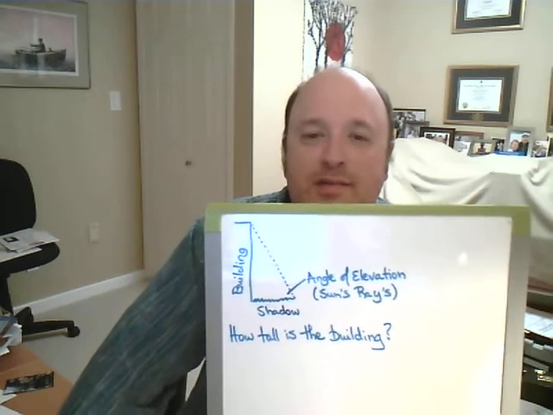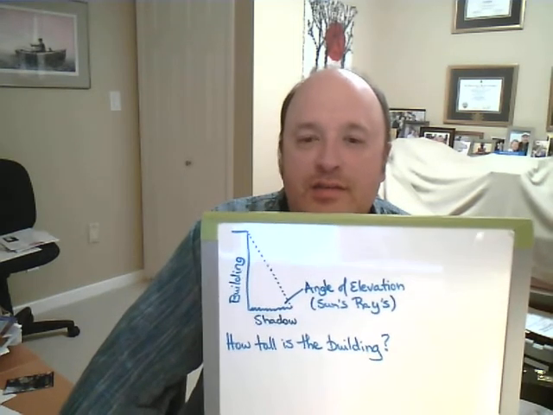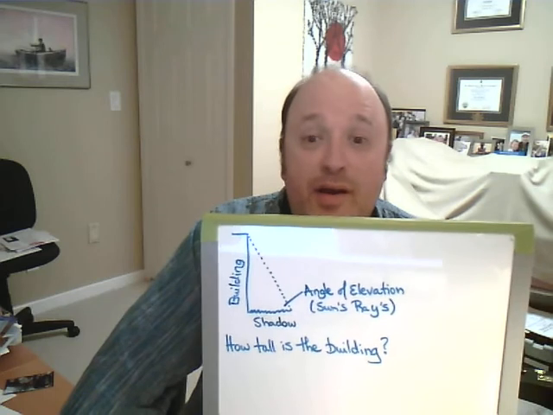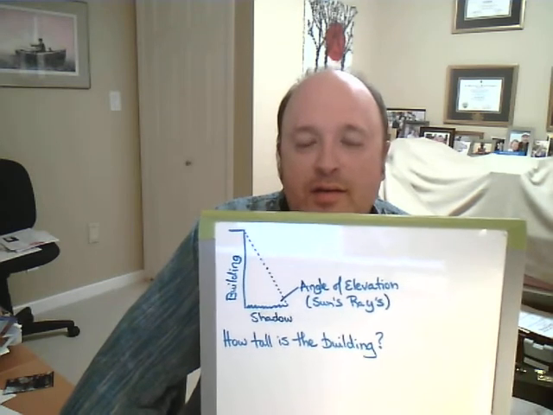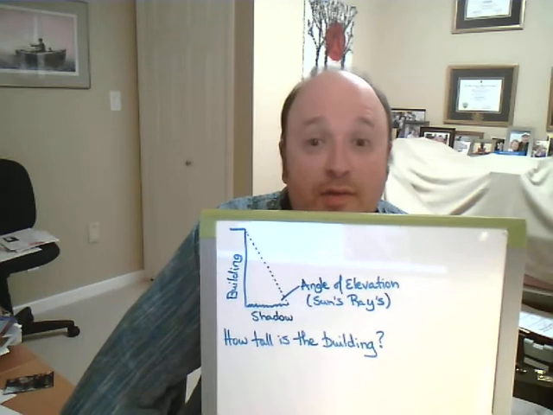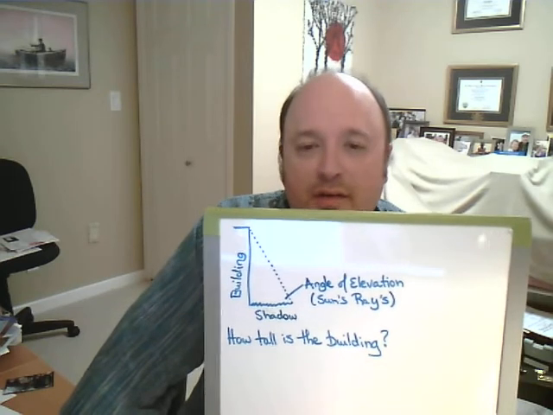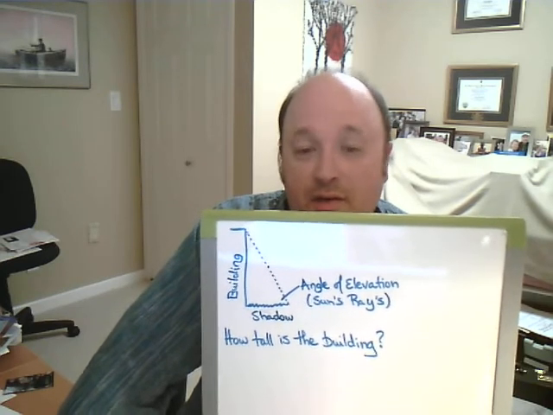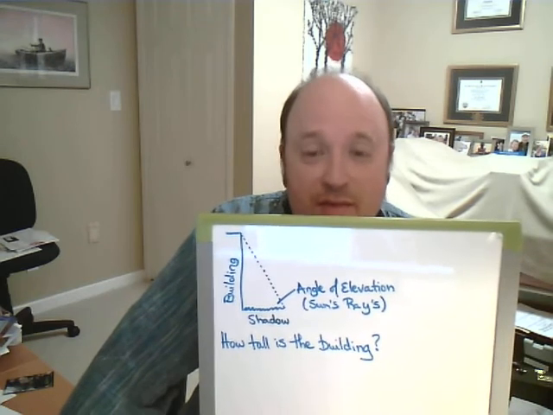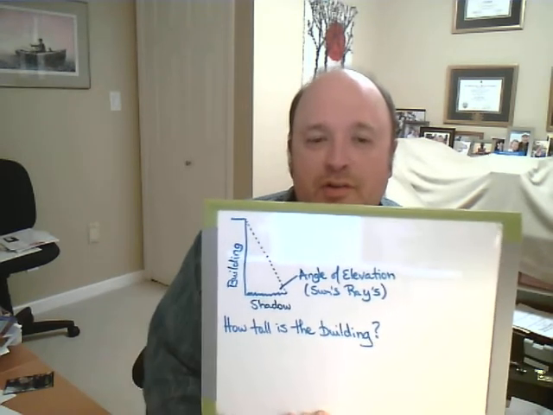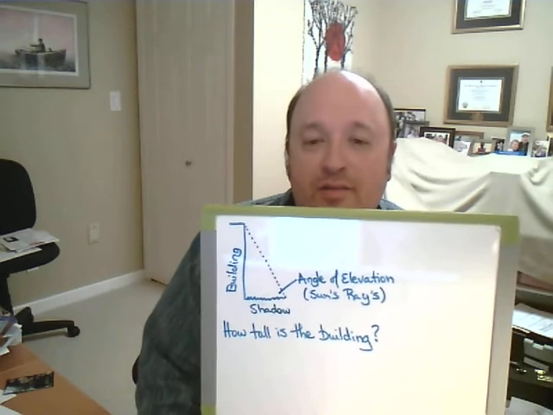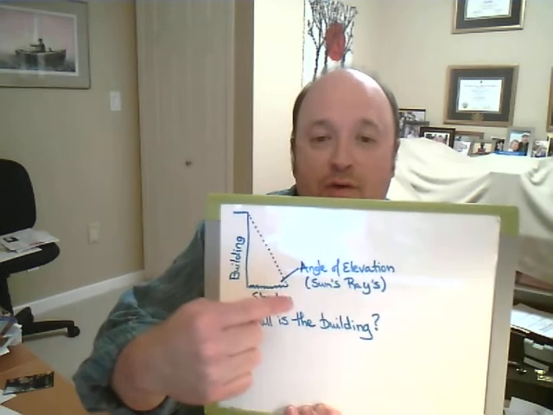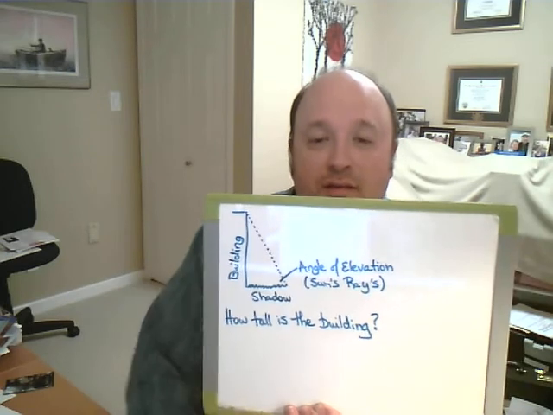Alright, here's a classic example, the kind of stuff that you'd see in any textbook. We have a few of these where you're having to solve for the height of a building. You could measure the shadow of a building, and then take a protractor or what they call a sextant, and measure the angle of the sun's rays, which we will call the angle of elevation off the ground.